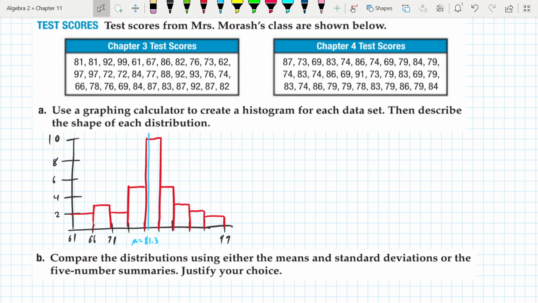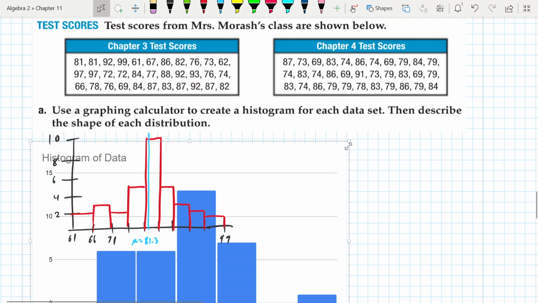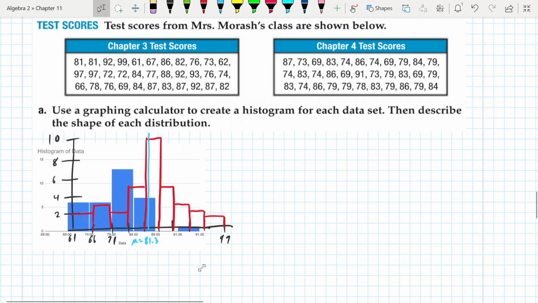I'm going to check my histogram again. Bucket size is 5 still. Okay. Copy chart. You can see this one is actually a little bit bigger.